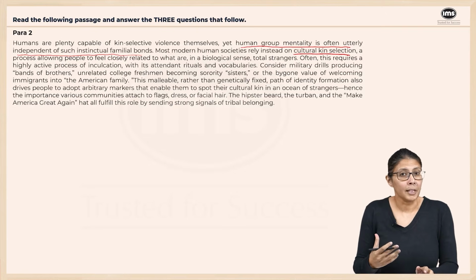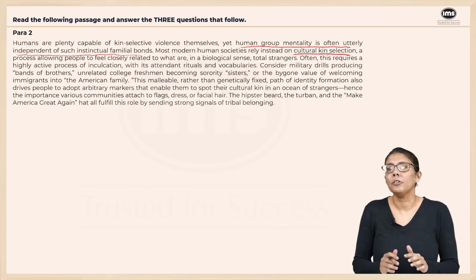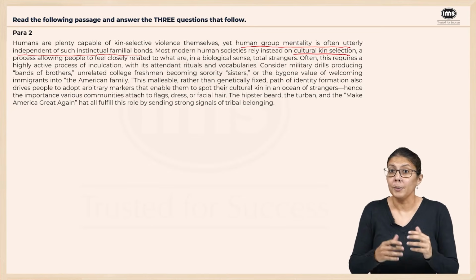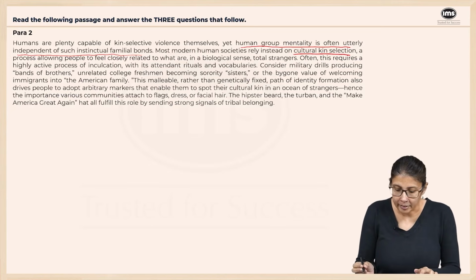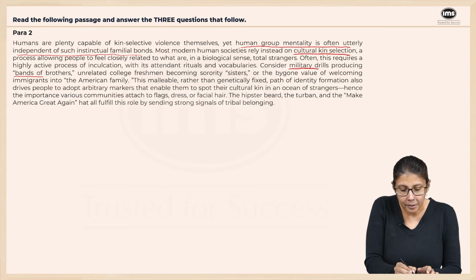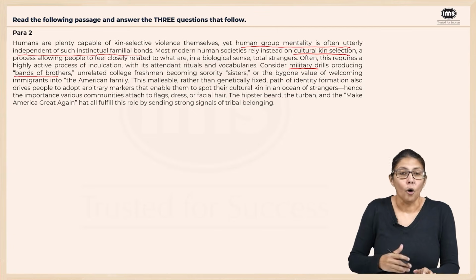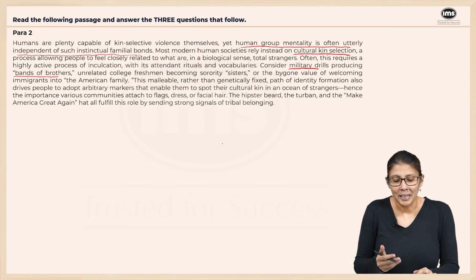So we actually feel close to people who are biological strangers to us because of certain cultural rituals that we might have undergone together. For example, military drills that produce bands of brothers. Similarly, unrelated college freshmen become sorority sisters, or the bygone value of welcoming immigrants into the American family.